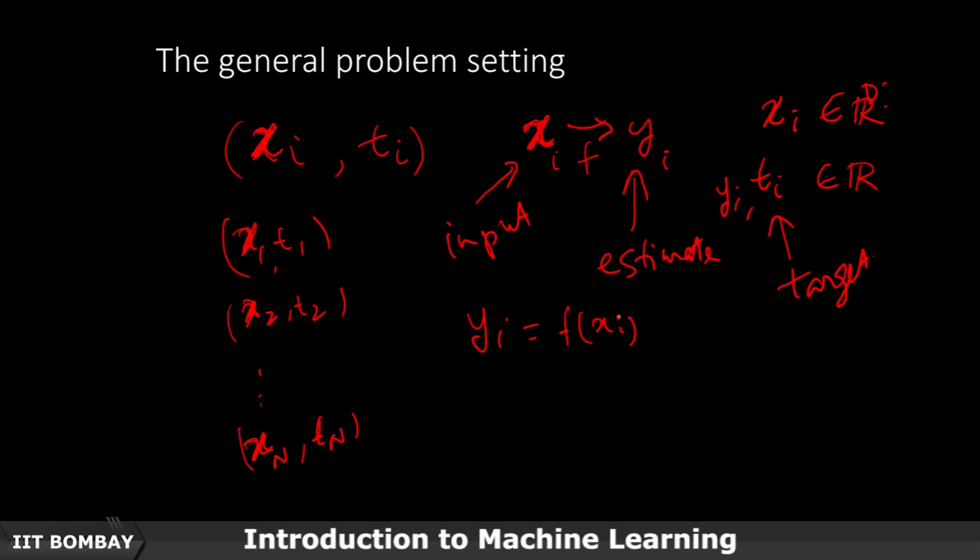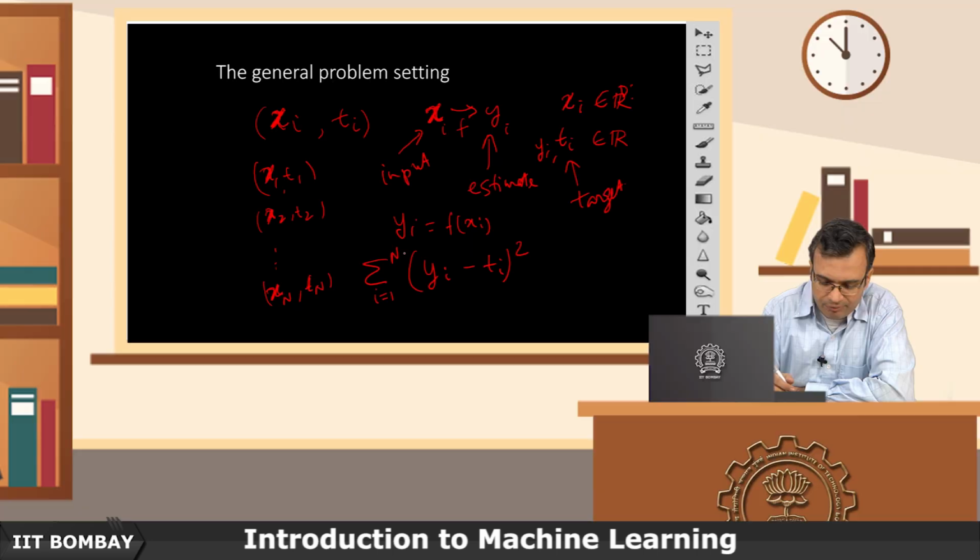It can go either above the target or below the target, and we want to penalize both. So we will say let us minimize yi minus ti, and we will take the square of that, and sum it over all values of i equal to 1 to capital N. We might want to divide this by n so that it is an average value, and we might want to add a half in front of it.